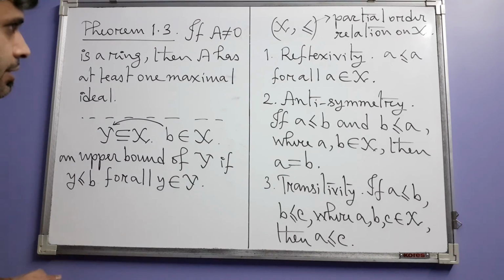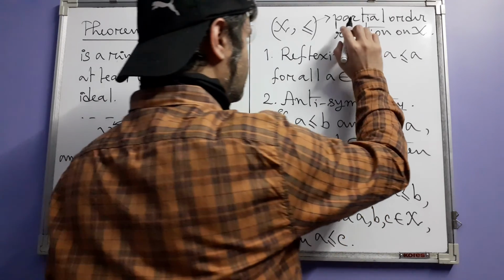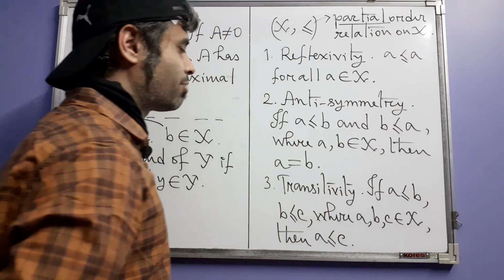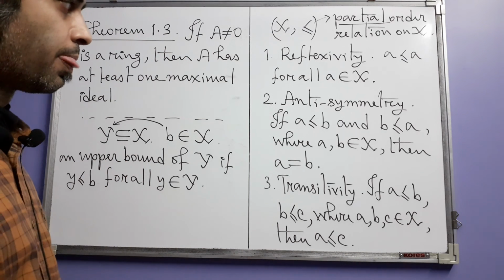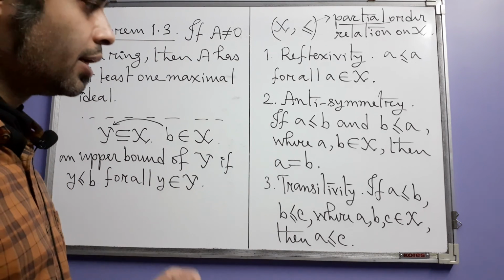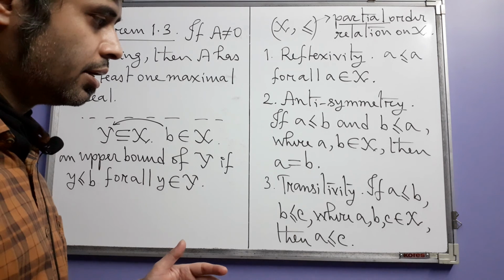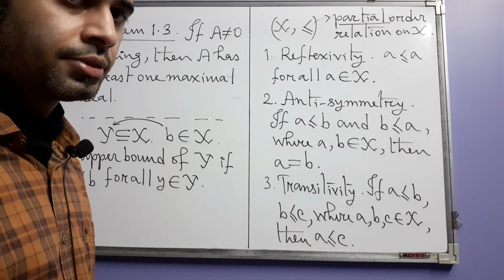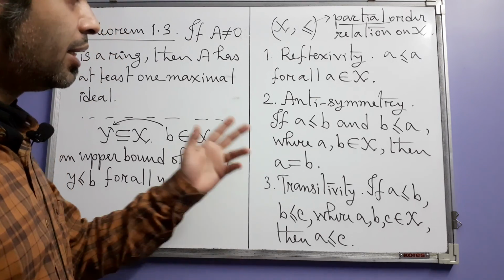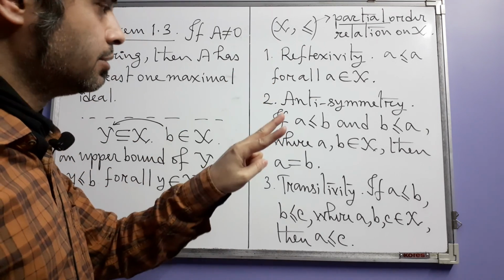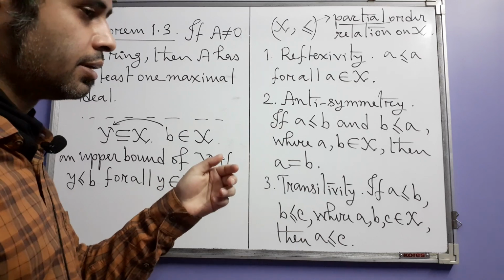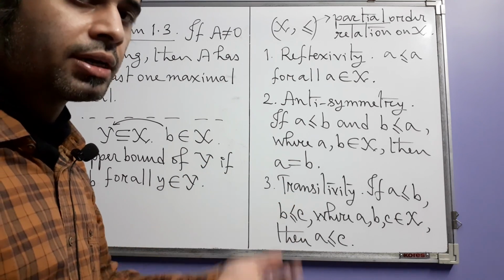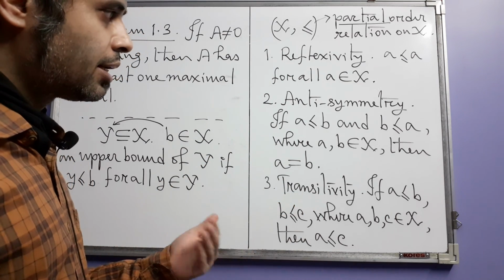There is another thing. There is a reason this relation is called a partial order relation, because this type of relations do not necessarily relate any two elements. Do you get the point? You may encounter two elements in a partially ordered set, say alpha and beta, which are not related.